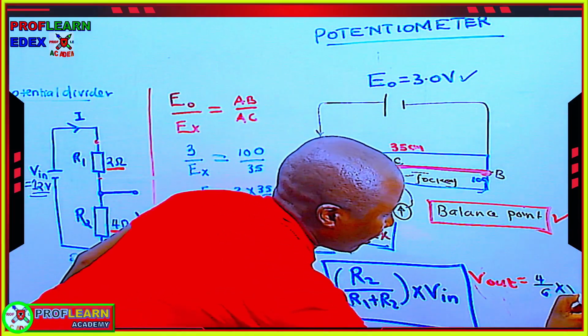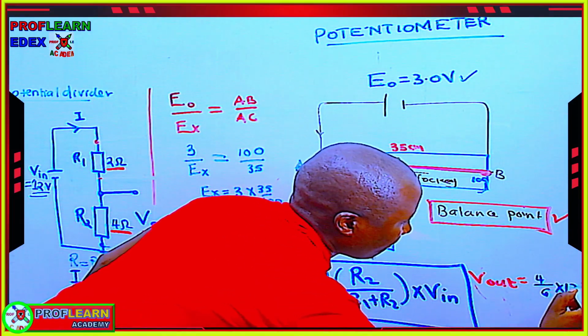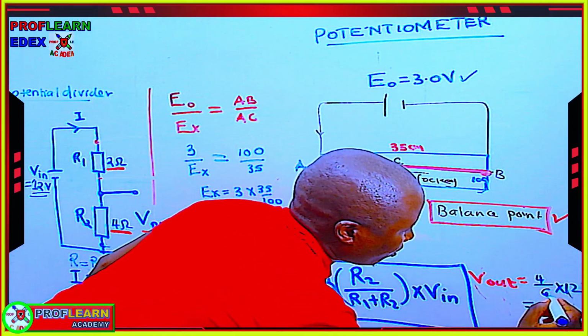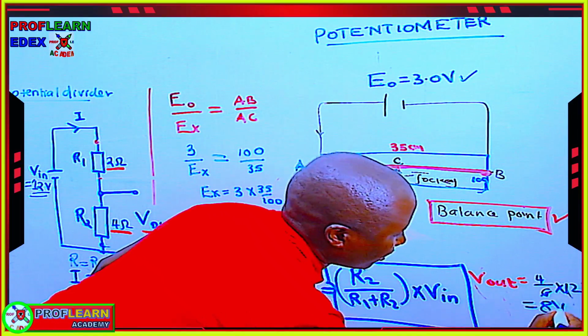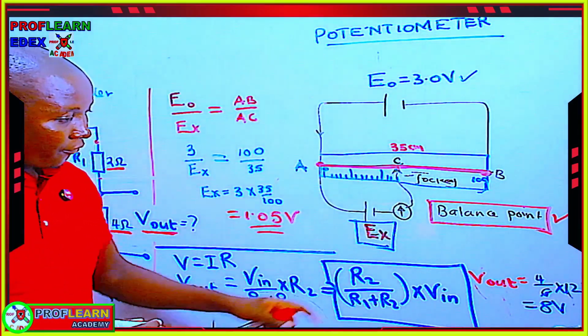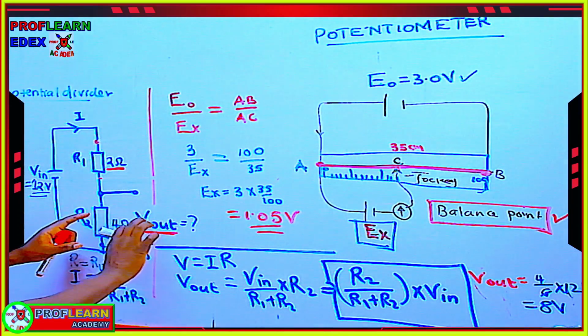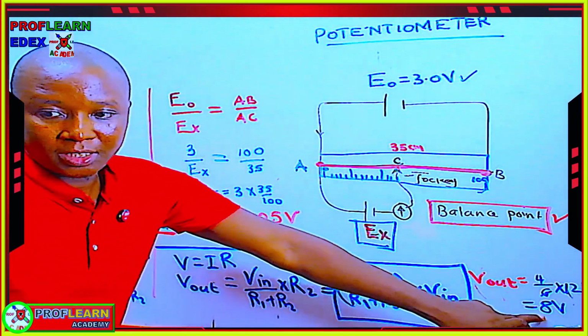So we have 12 volts here, and 12 over 6 goes twice, and then that becomes 8 volts. So you can see the voltage that is removed from this resistor is 8 volts.